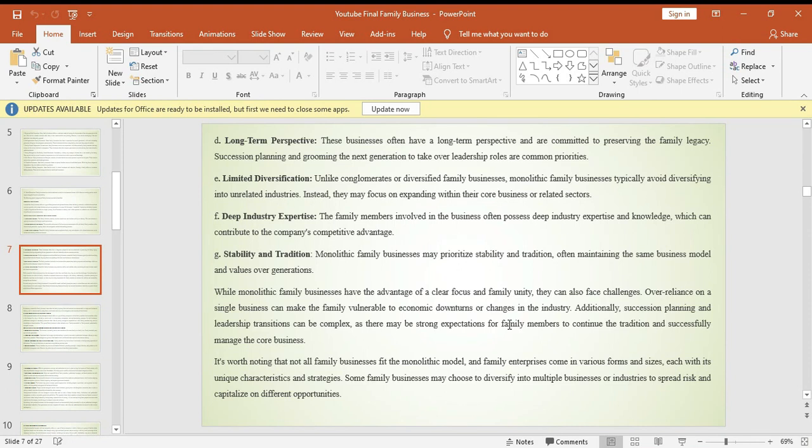Instead, they may focus on expanding within their core business or related sectors. F. Deep industry expertise. The family members involved in the business often possess deep industry expertise and knowledge, which can contribute to the company's competitive advantage.